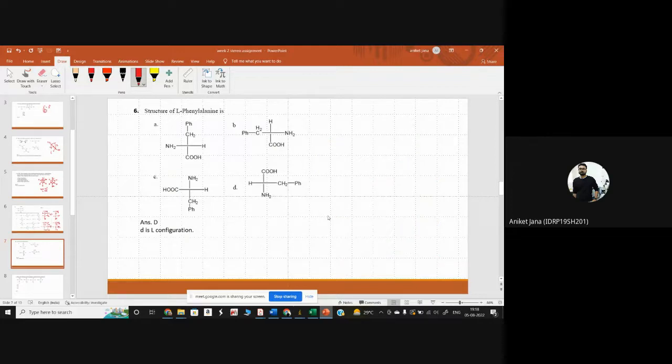Now coming to the next question, the structure of L-phenylalanine. You know the nomenclature of L and D. What is the D and L nomenclature? For L, the prioritized group should be on the right-hand side. Exactly.